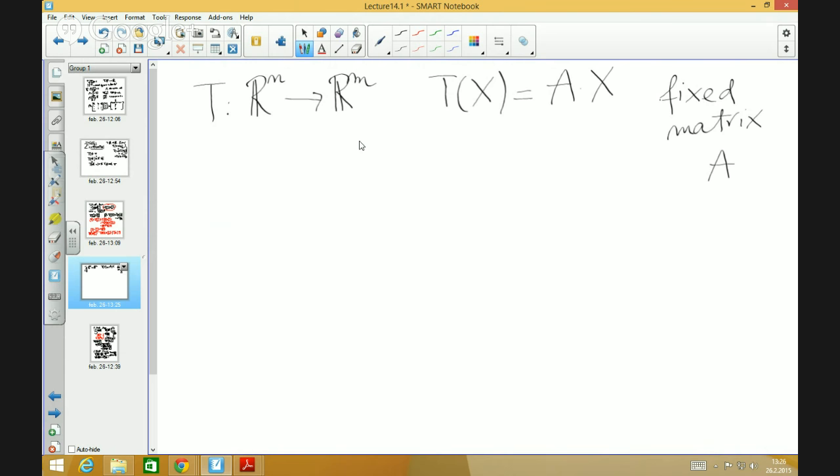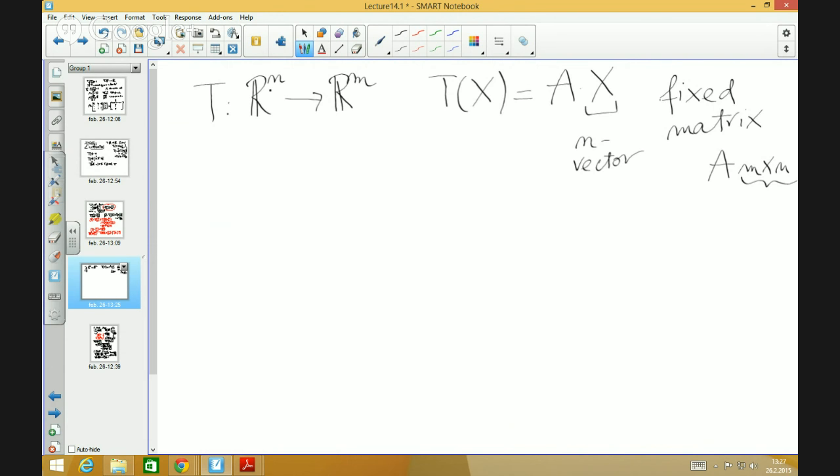So it goes from Rn to Rm. So this means that this vector here is an n-dimensional vector. So the number of columns of the matrix will have to be n as well, since this should be multiplied by A. So the number of rows will be m. So that's the dimension of the matrix.